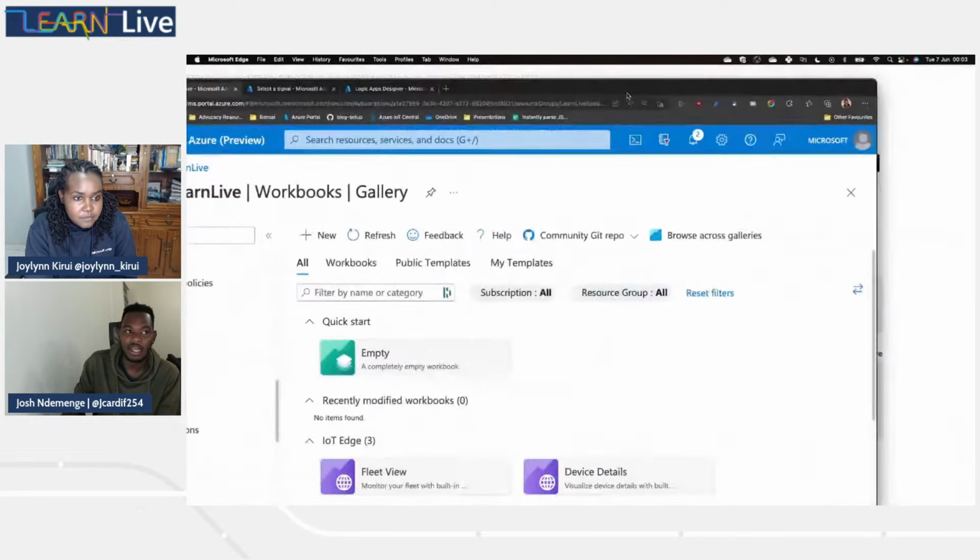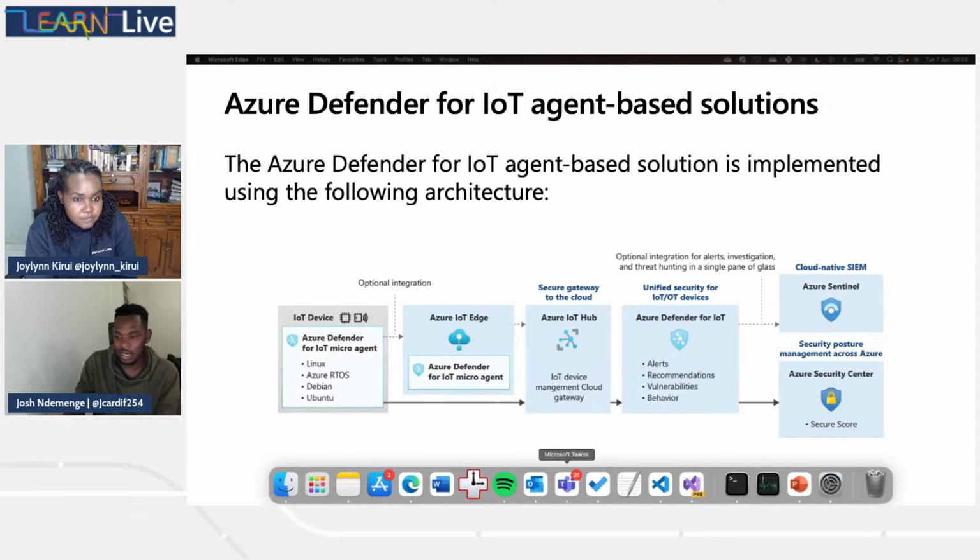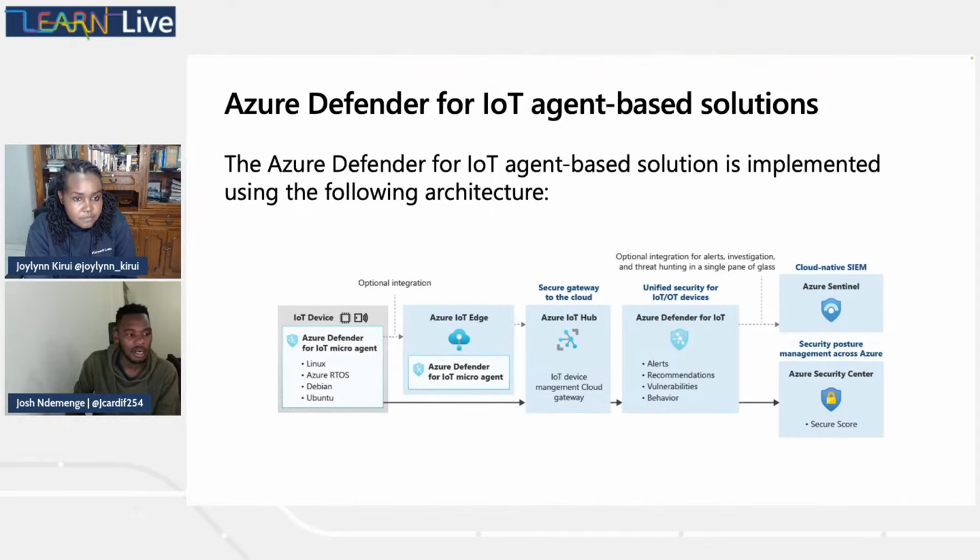But when you're creating your IoT devices, either your edge device or any other device running on either of these operating systems, what you have to do is install the Defender for IoT micro agent.